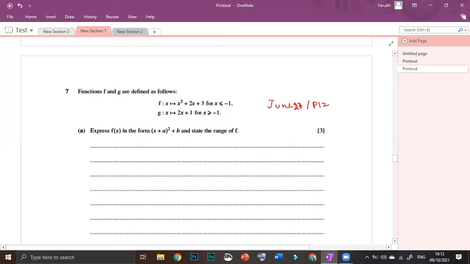Express f of x in the completed square form and state the range of f.